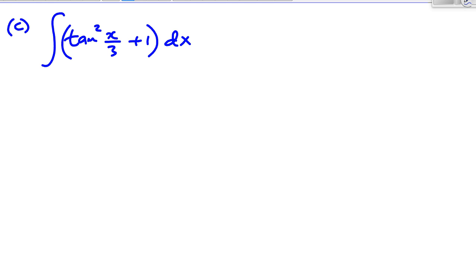And then c, we have the integral of tan squared of x over 3 plus 1 dx. So basically here, we need again to try and inspect this identity and see if we can simplify it.